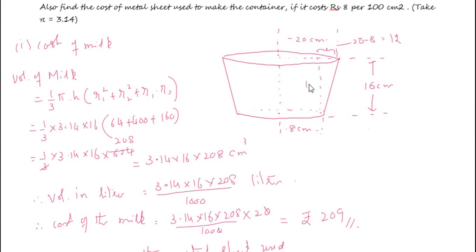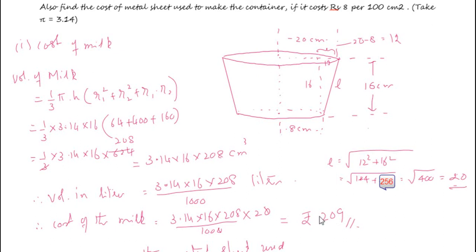So height is 16, this distance is 12, this is L. So L equal to square root of, this is nothing but R1 minus R2, R1 minus R2 is 12 square plus H, that is 16 square, that is equal to 12 square is 144, 16 square is 256, so that is equal to square root of 400, so equal to 20. So slant height is 20.